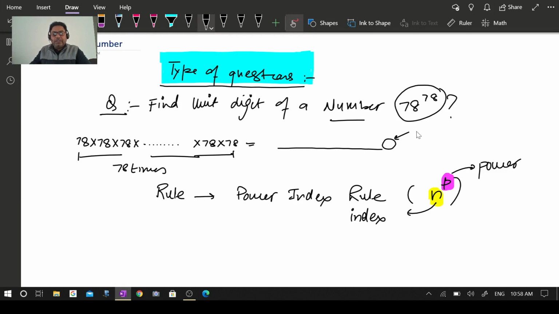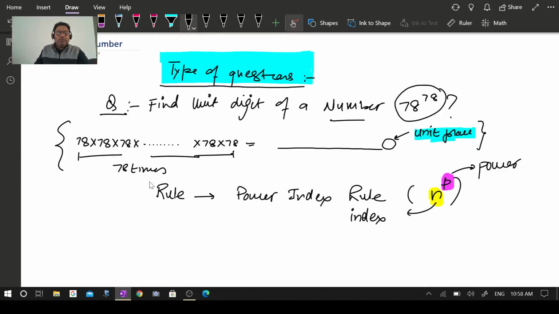Right, this is called the unit place. So this is a basic explanation of what exactly the question stands for. I mean to say is that if I multiply 78 times, what would be the unit place of that number? That is the meaning of this question, right?